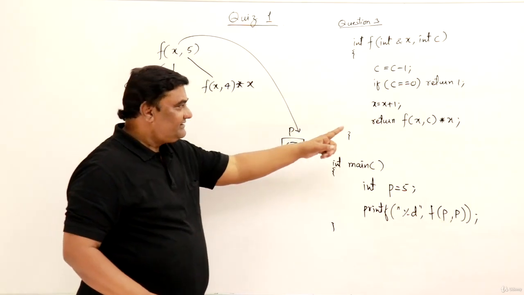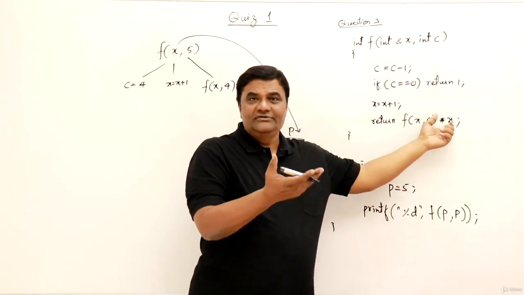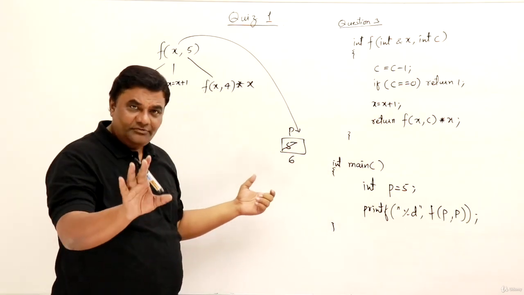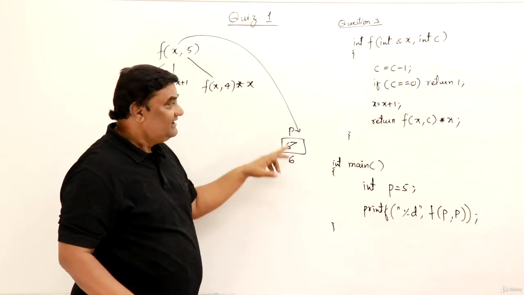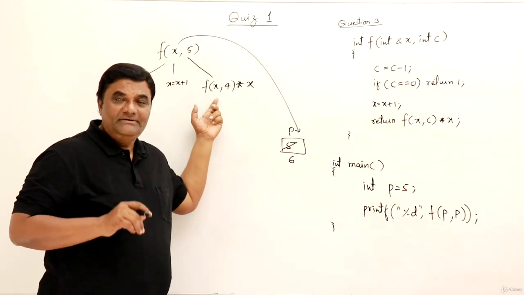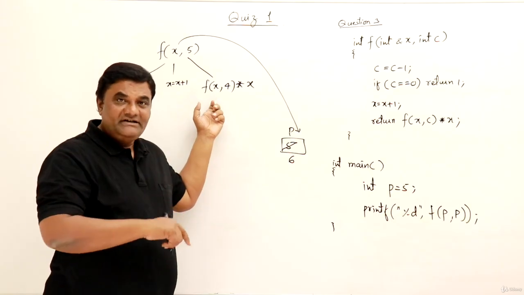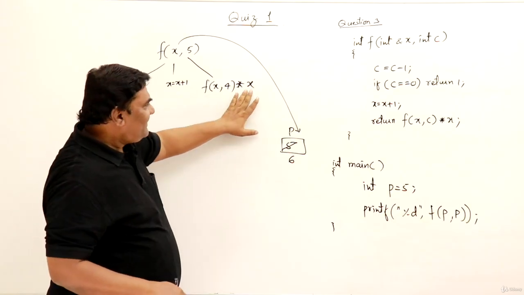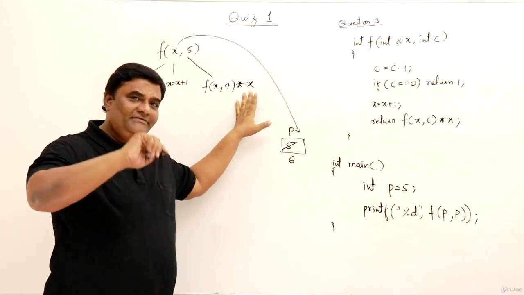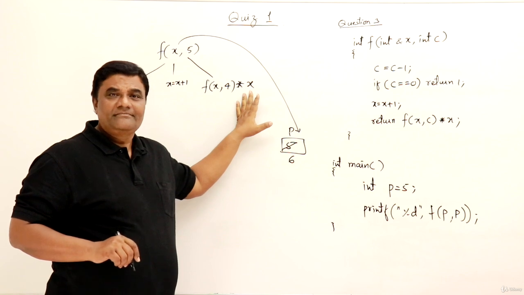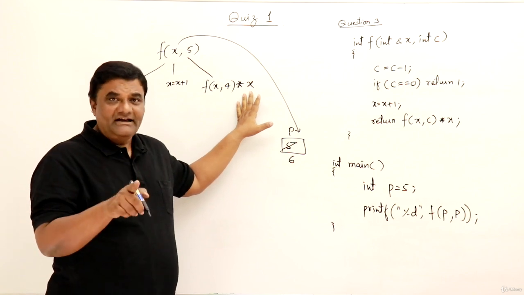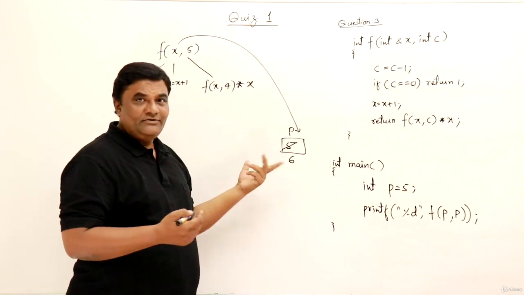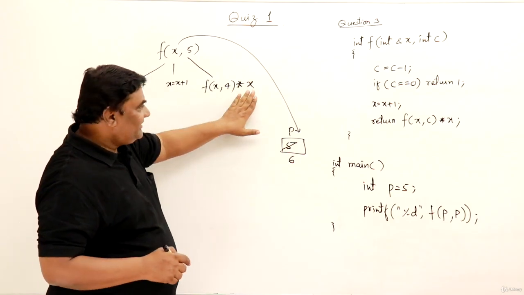Because this is done after getting the value, then you can multiply. Otherwise, if you want to multiply now, right now x is how much? 6. 6 into what? What will you multiply? So first of all, this value should be there, then it can be multiplied. So don't write 6, let it be x only. That time only we will see. When it has to multiply, that time it will go to p and get the value. Okay, so leave it as it is.